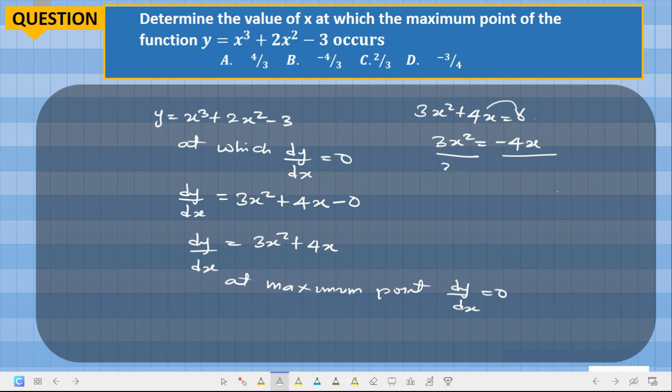Divide both sides by 3s to make s stand on its own. 3s going to here, we are left with 1s here, because there's s squared here. So s will be equal to, this s cancels this s, what are we left with here? Minus 4 over 3. So the correct answer to this question is minus 4 over 3. It occurs at the minus 4 over 3 point.